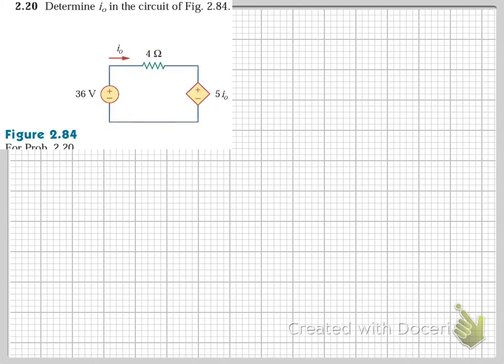Here's another one. Determine Io in the circuit. Okay. So you've got one loop. Very nice. So negative 36 plus 4Io. Why am I using 4Io?